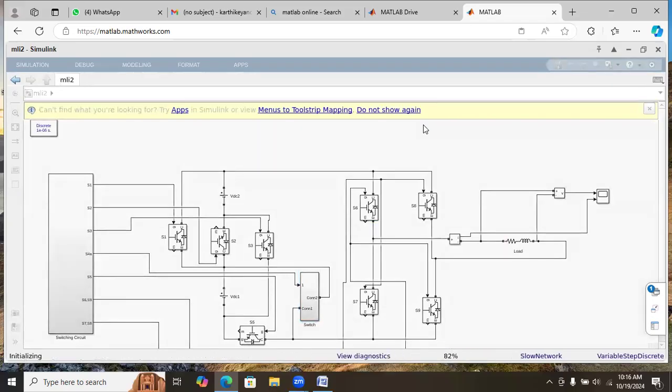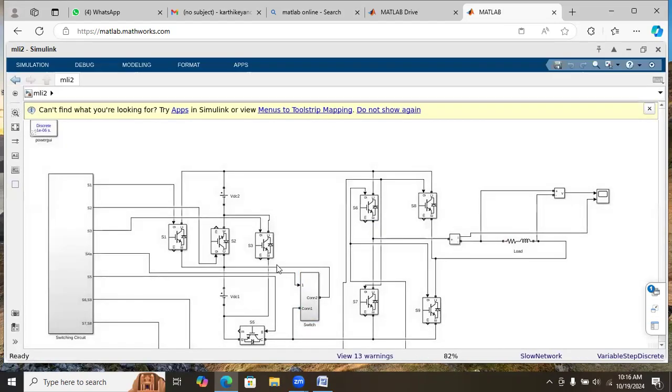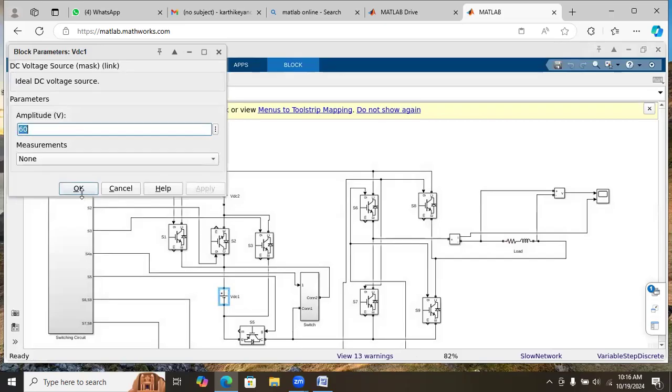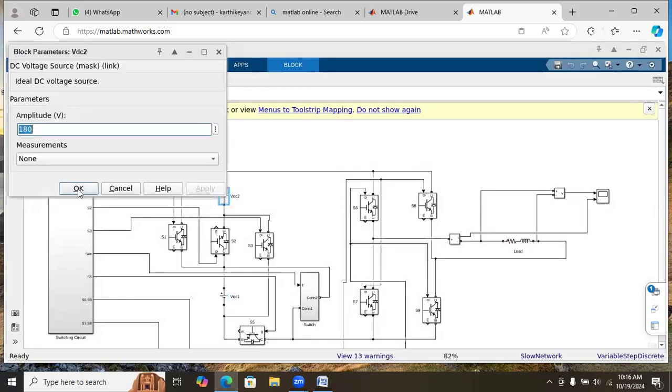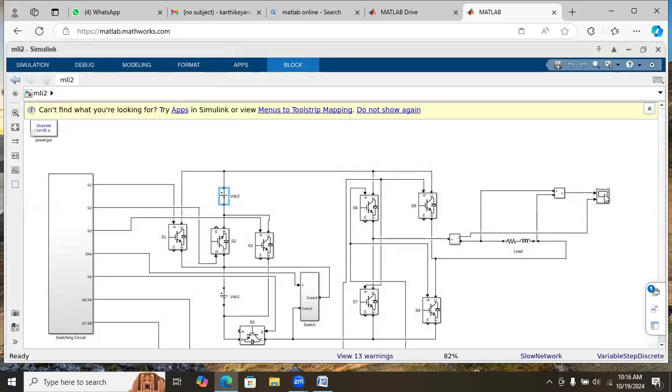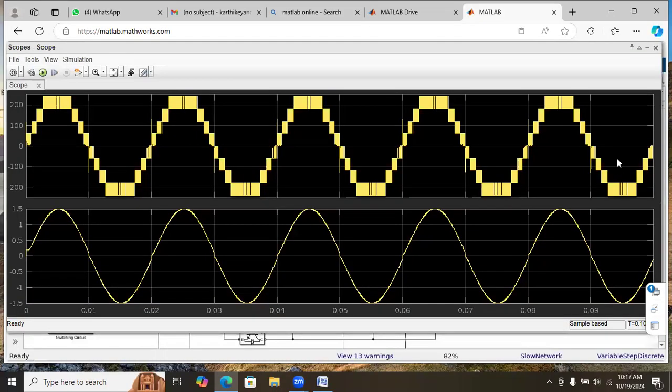The voltage, everything will be same here. V1 is 60, V2 will be 180, that is 1:3 ratio. And the output voltage, if you see, is the same.